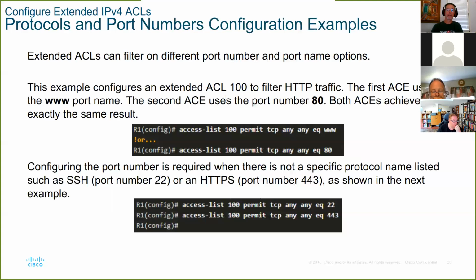So access list 100 allows anybody, TCP from anywhere to any destination using www, or we can put 80, either one. They're identical. Permit 22, permit 443. This is HTTPS, 22 is SSH.